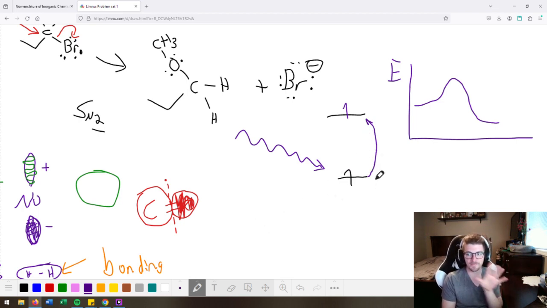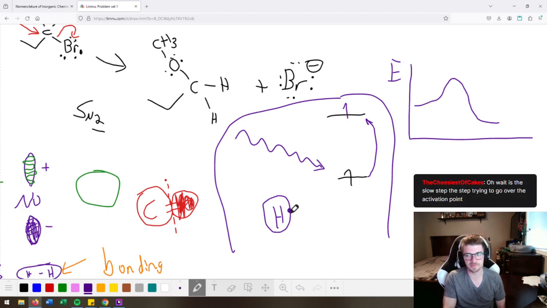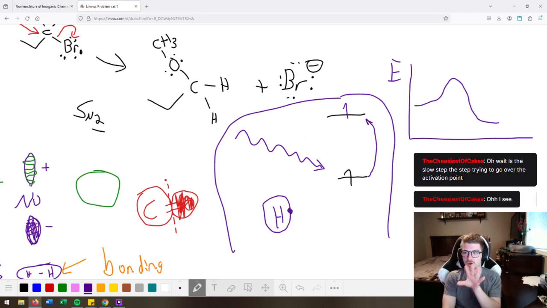Okay, so think of it this way. I'm going to borrow from that slightly obsolete but still kind of useful Bohr model of the atom. Yes, exactly. So the slow step is a step that has the largest activation energy. I'll draw another example of that in a minute to nail down this distinction.